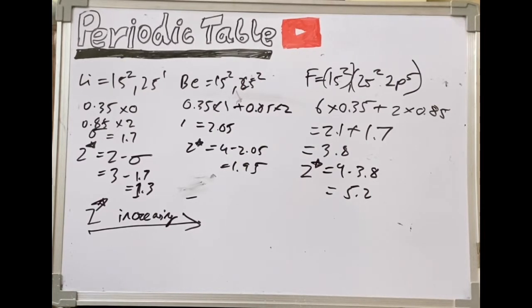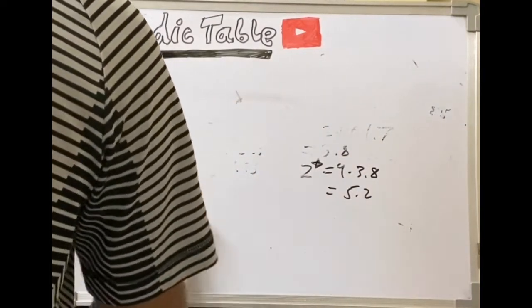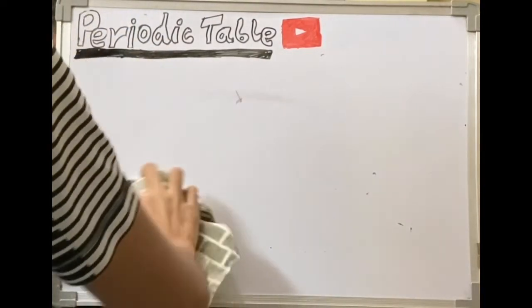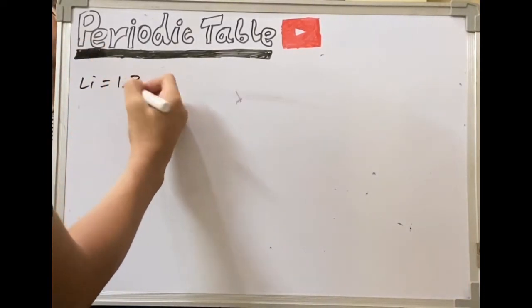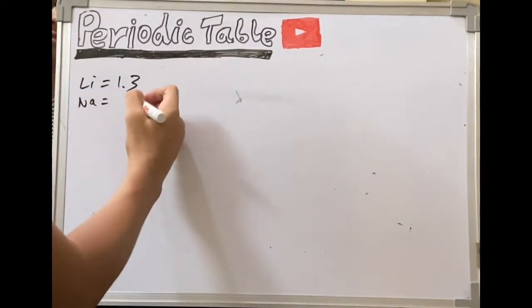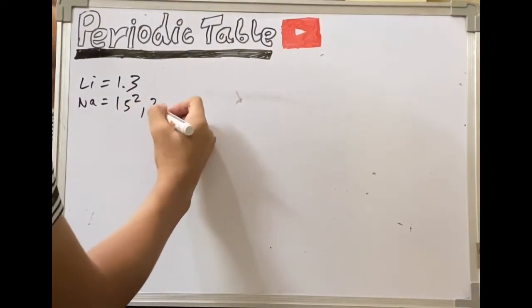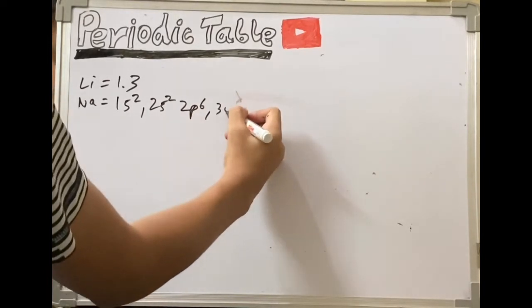Now coming to down the group. Firstly we'll take lithium. The lithium we had got it as 1.3. Now for Na, what's the electronic configuration? The electronic configuration is 1s2, 2s2, 2p6 and 3s1.